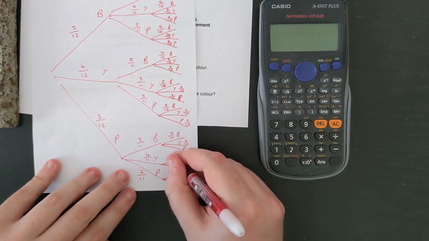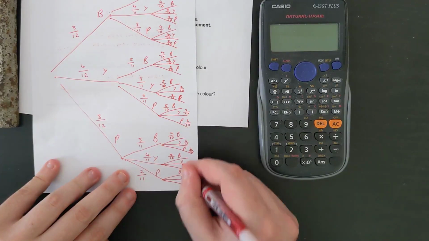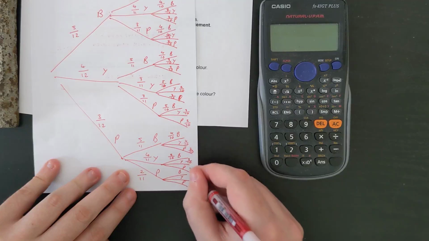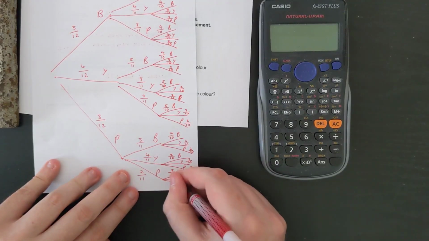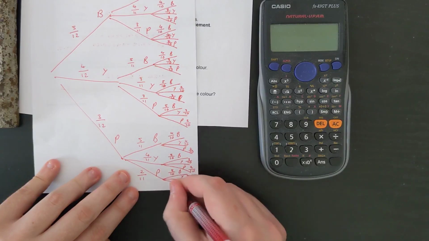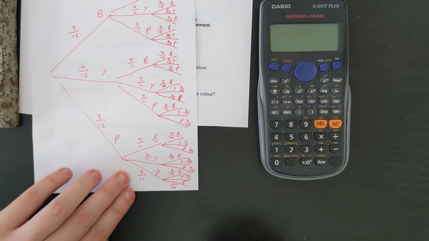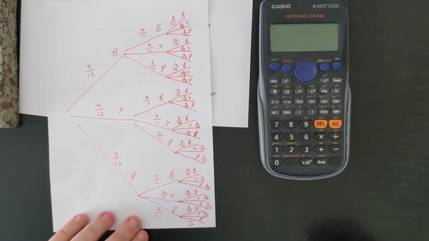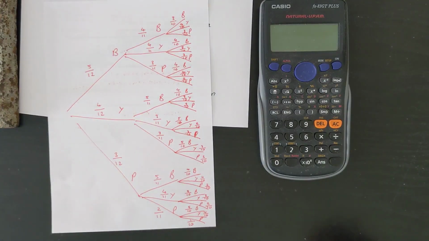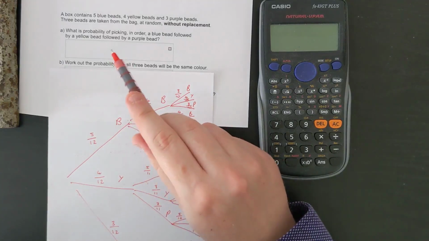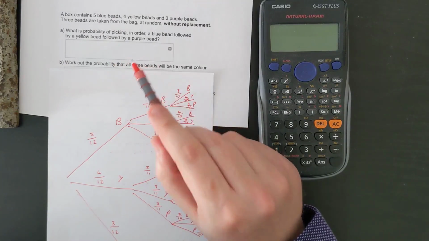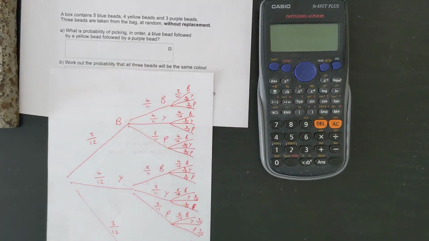Purple, then a yellow, would be 5 out of 10, and then 3 out of 10, and 2 out of 10. Purple, then purple, would be 5 out of 10, 4 out of 10, and 1 out of 10. As I say, you don't necessarily need to draw this out, but it helps me to visualise the problem.